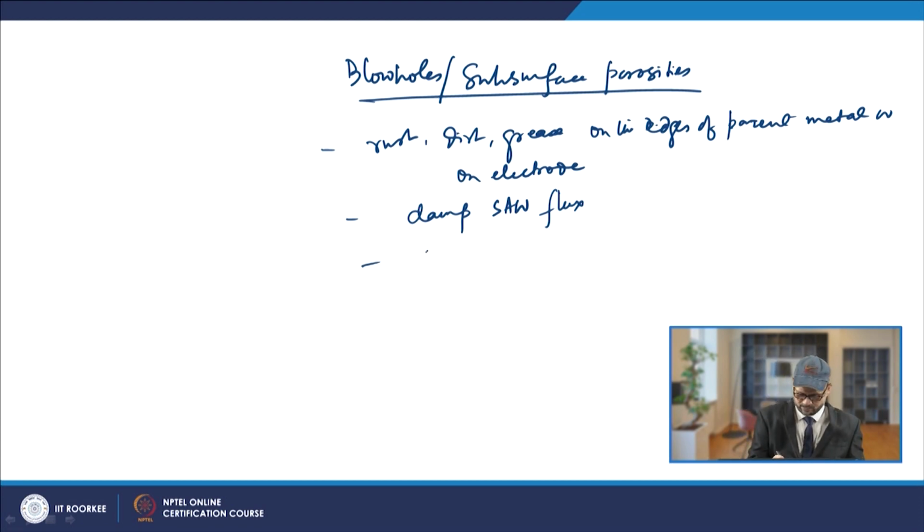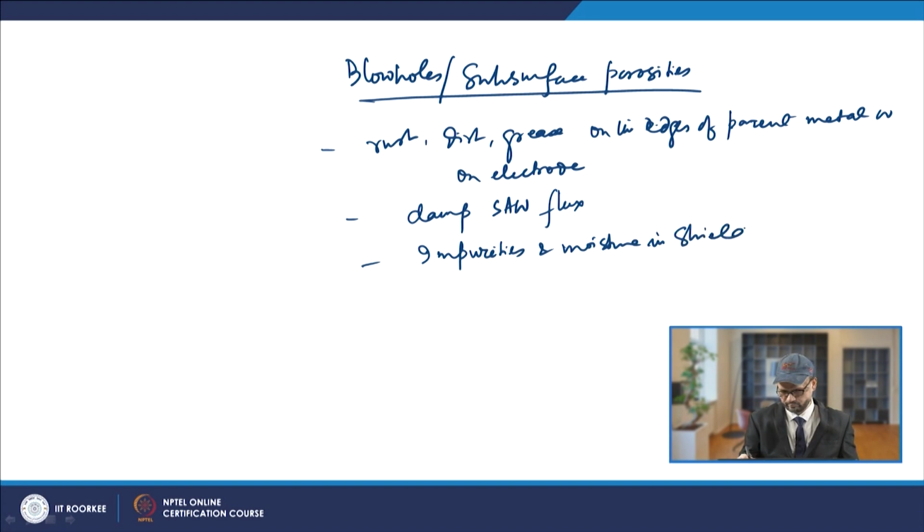Then also if you have impurities and moisture in the shielding gas, that may be the reason for the blowholes or porosities. Further, you will have excessive welding speed.